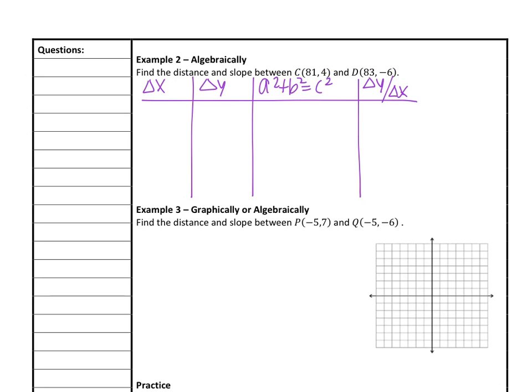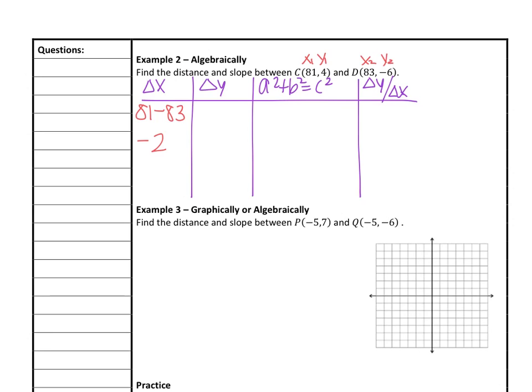Remember how I was mentioning that change means to subtract. So I'm going to go back over here and label these as xy, xy. You can even go with x1, y1, x2, y2 if it helps you put these in order. Now I'm going to take my x values and subtract them. 81 minus 83 is negative 2.